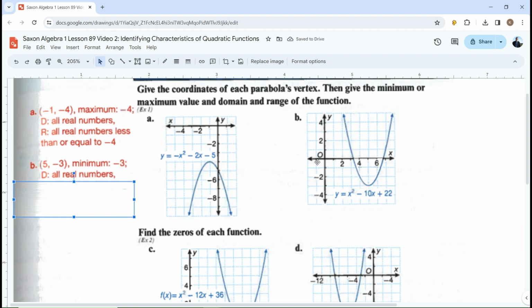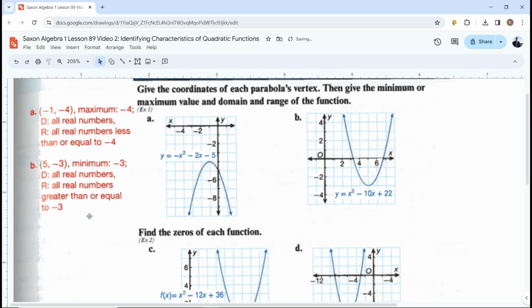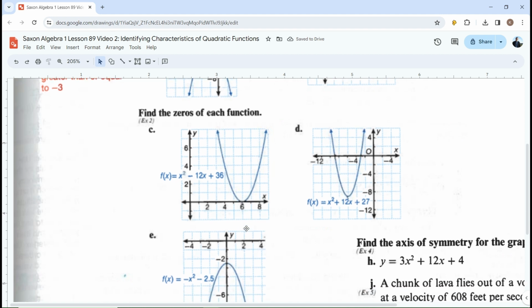You can plug in anything you want for x. For y, though, you're never going to get a value that is less than -3. So we're going to say that the range is all real numbers greater than or equal to -3. There we go.